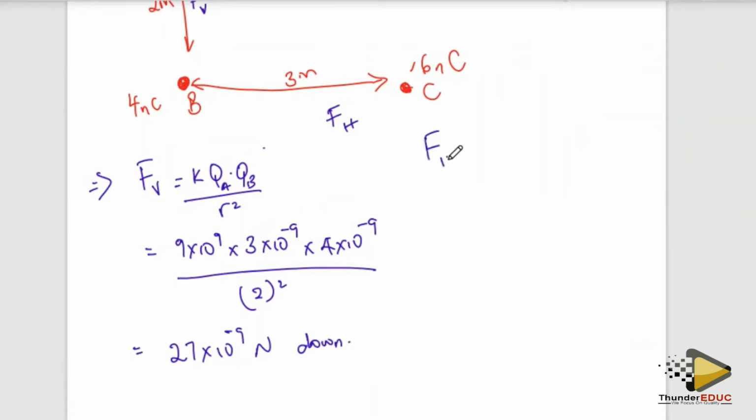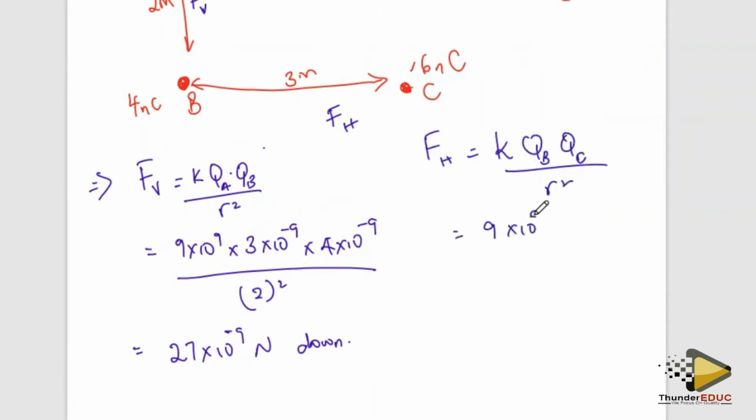And then let's look at the force horizontal. With the horizontal force, I'll be looking at kQB times QC over r squared. 9 times 10 to the 9 times 4 times 10 to the negative 9 times 6 times 10 to the negative 9.